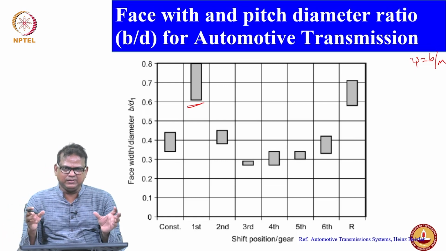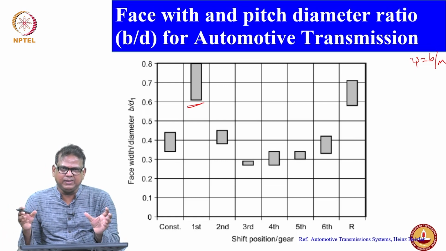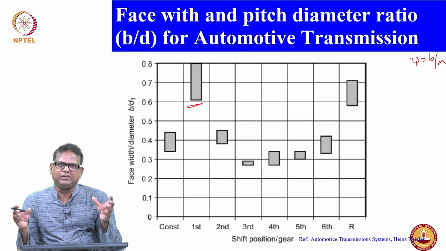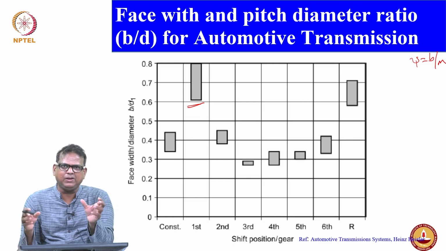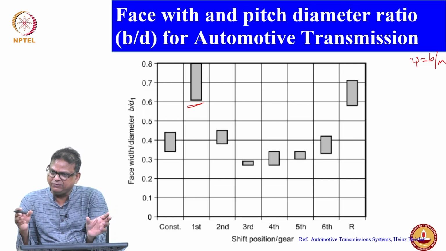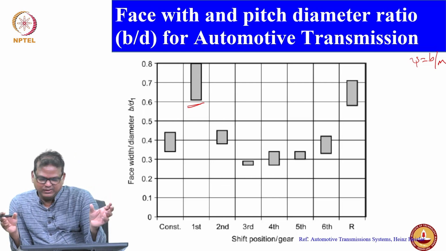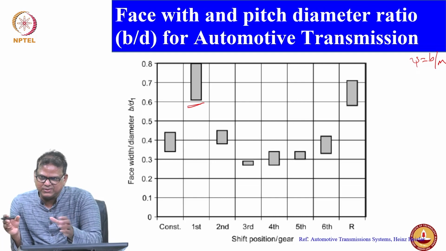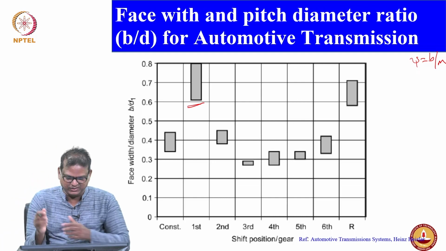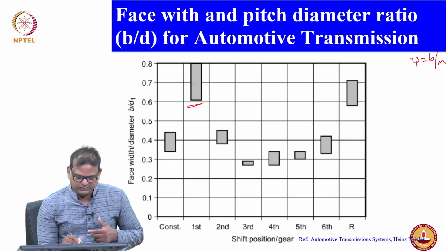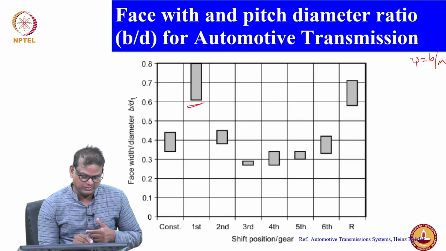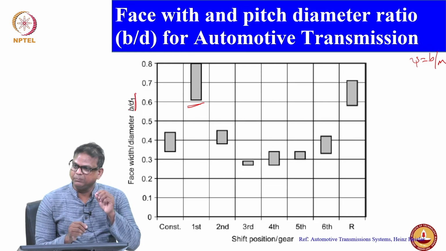As you move on to higher speeds, the torque will be reduced. So wherever the torque is more, the stress is more, and there you can have a bigger face width. As torque and stress reduce, you can have a smaller face width. Interestingly, look at the B by D ratio, where D is the pitch diameter.